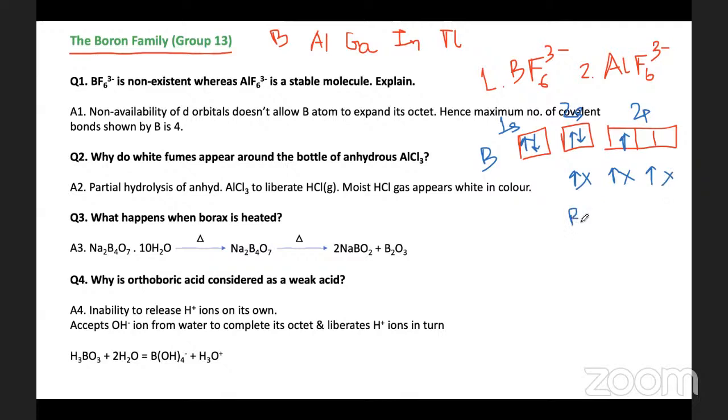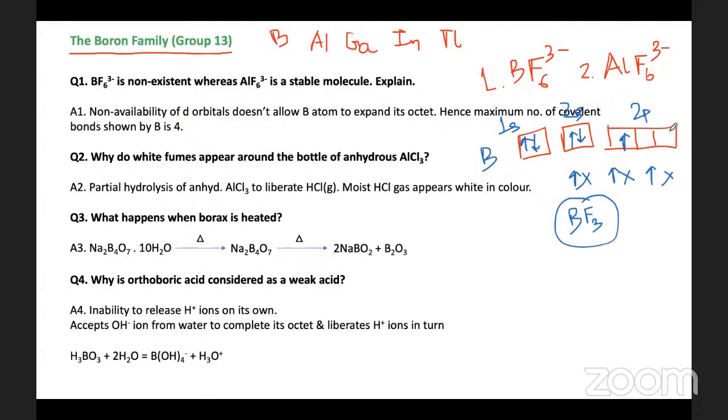That's how the BF3 molecule is formed. The crosses are the electrons of fluorine, and the dots are the electrons from boron. So 3 fluorine atoms each give 1 electron, and thus the BF3 molecule is formed.